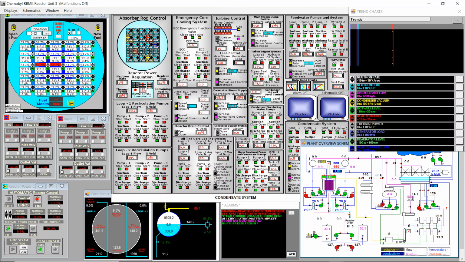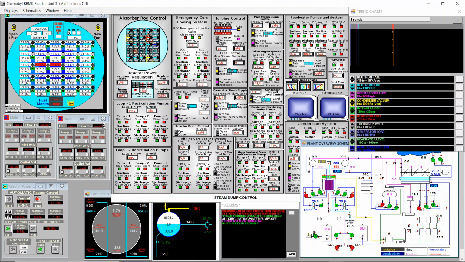And what I'm expecting to see next is a drop in the hot well level. The main steam dump control is still at 17%. I also expect this to increase once we don't feed any more water into the reactor.